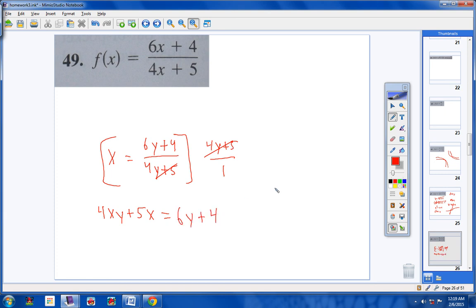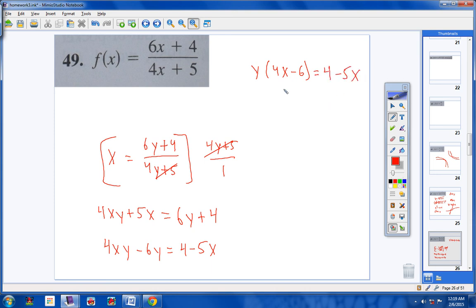Now we did one just like this a couple problems ago. We want to get all the y terms on one side. So here's 4xy, bring the 6y over and make it negative. Bring the 5x over here, and it becomes 4 minus 5x. Now, factor out a y, and you're left with 4x minus 6, equals 4 minus 5x.